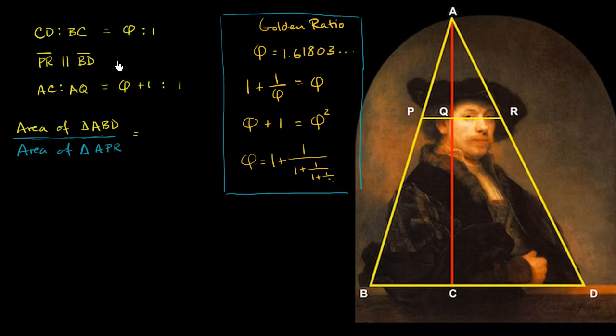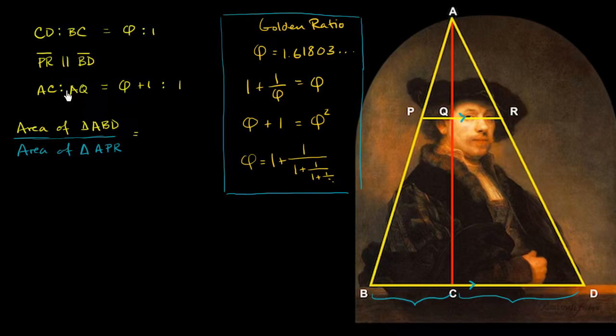So this is what we know, what we're being told about this painting. This is quite fascinating. The ratio between the length of segment CD and BC is phi to 1. So you drop an altitude from this larger triangle, the ratio of the length of CD to BC, that's phi. So clearly Rembrandt probably thought about this. Even more, we know that PR is parallel to BD. We've actually constructed it that way, so that is going to be parallel to that right over there.